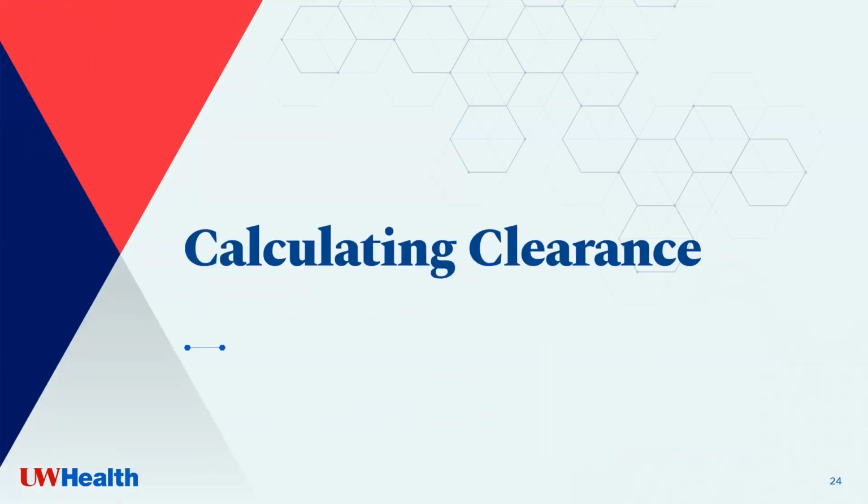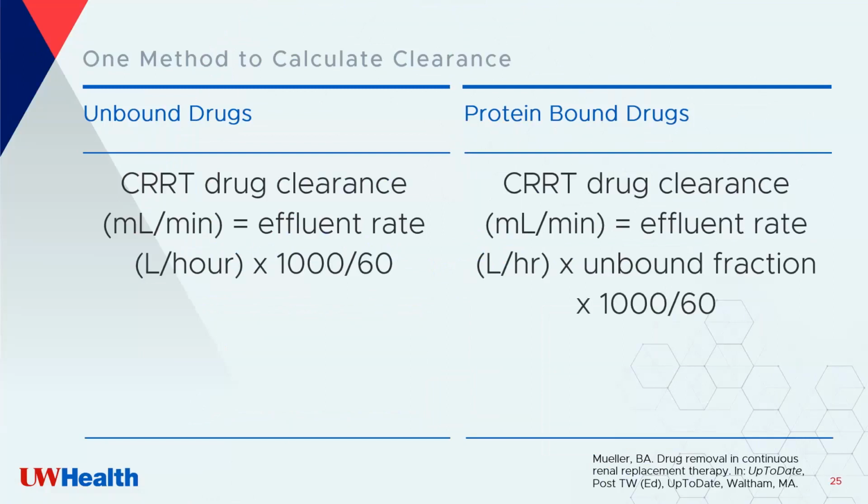Going back to really calculating the clearance and looking at the equations that we have used for our dosing document. There is one method to calculate clearance that I was initially looking at, and this is the clearance that's recommended by UpToDate.